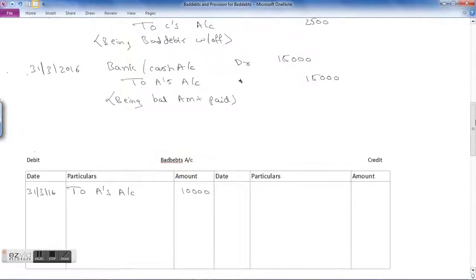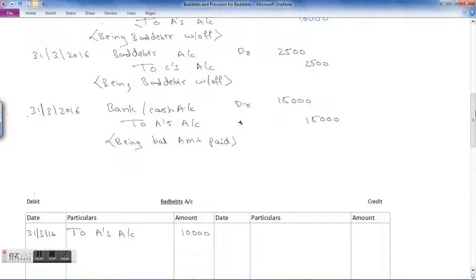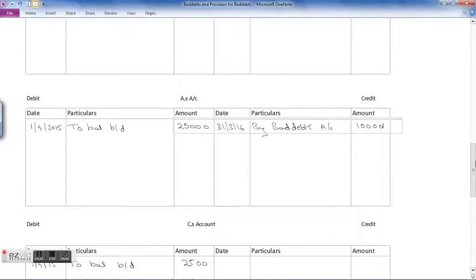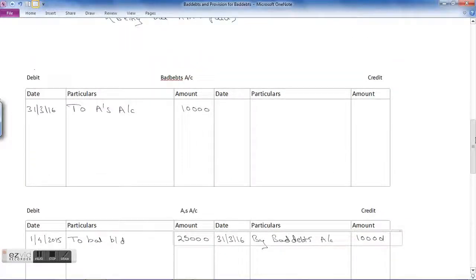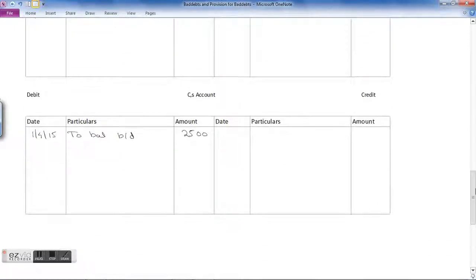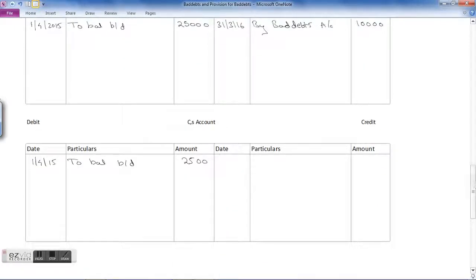Now the next entry, bad debts to C's account 2,500. First the bad debts account debit side, to C's account 2,500, and then C's account credit side, by bad debts account 2,500.